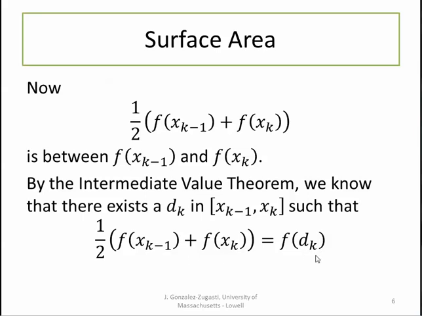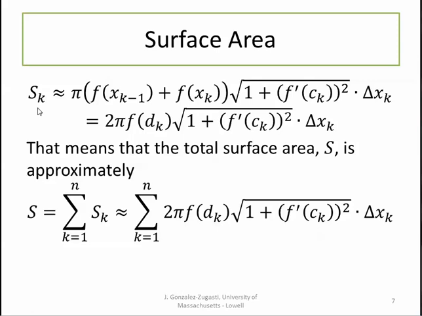Or you can multiply both sides by 2 and plug it into our formula to get that the surface area of our kth slice is approximately equal to 2 pi f evaluated at that d sub k, times the square root of 1 plus the derivative evaluated at c sub k squared, times delta x sub k. All right, so remember d sub k and c sub k are both some point in the kth subinterval.